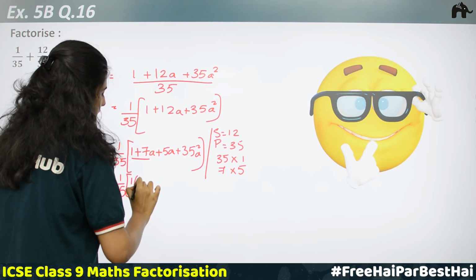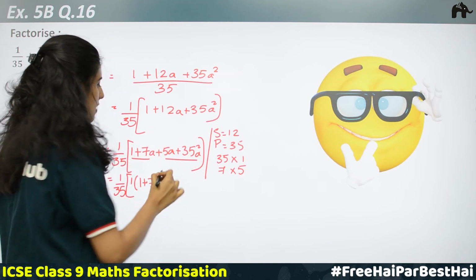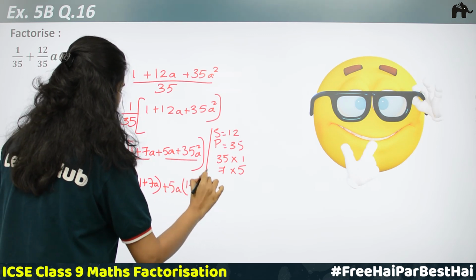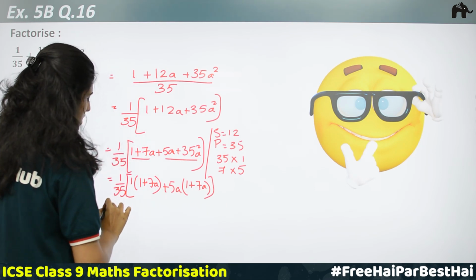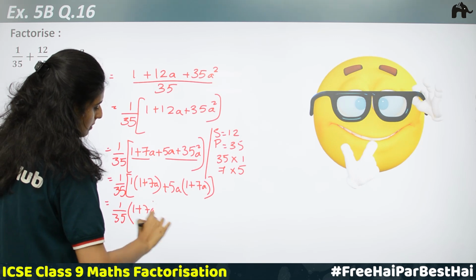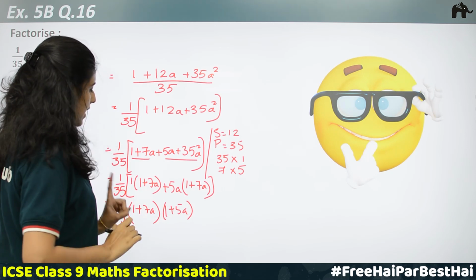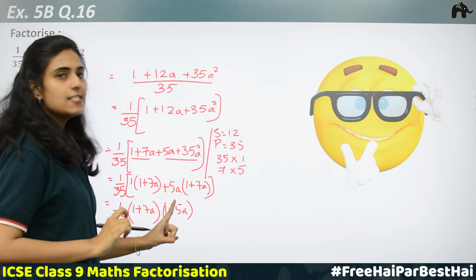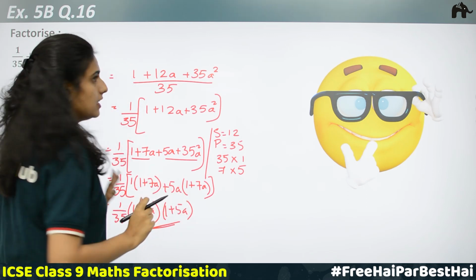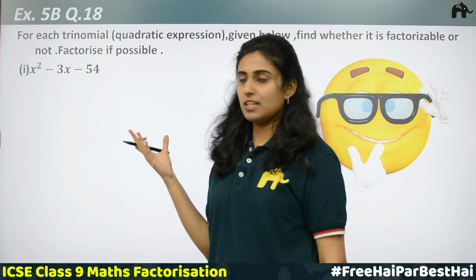You can take 1 outside, then 1 plus 7a. So, here 5a and 35a square, 5a is common, taking out 5a, 1 plus 7a. So, this is equal to 1 by 35, 1 plus 7a is common, taking out, remaining we have 1 plus 5a. So, these are the three factors, 1 by 35, 1 plus 7a and 1 plus 5a. Okay. When you take the product of these three, you will be getting 1 by 35 plus 12 by 35a plus a square.